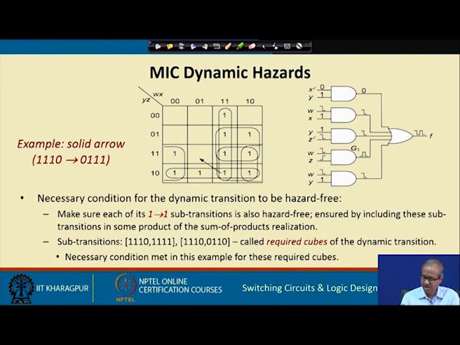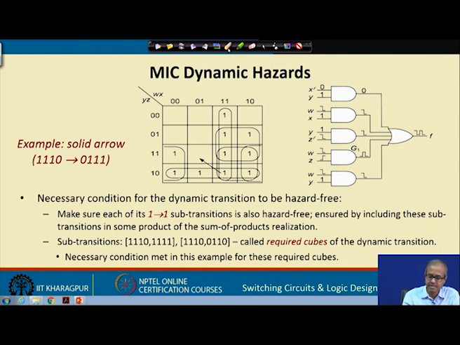Now, talking about dynamic hazards in multiple input changes. Here again we show a function in Karnaugh map and we show this arrow. This arrow corresponds to this transition. It was 1110, and the input is changing to 0111. Now, such a dynamic transition will be hazard free if certain necessary conditions are satisfied.